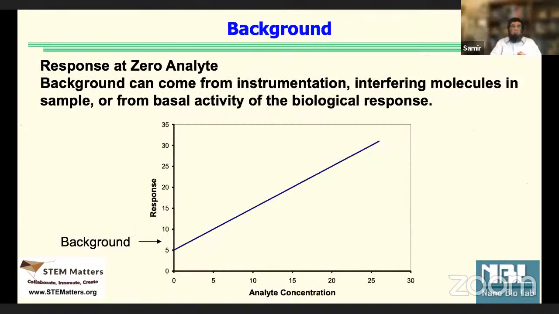Now, many times we have background, which means the signal at 0 analyte: you don't have anything that it's supposed to detect and it still gives a response. The background can come from the instrumentation itself. It can come from other molecules in the solution that may be interfering with the recognition element. Or there may be a baseline activity from the ions in the solution.